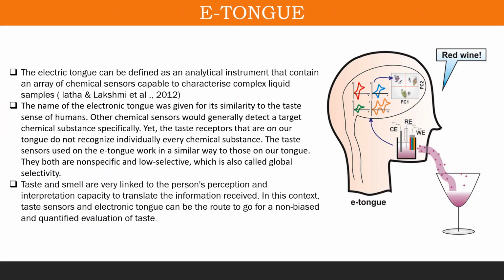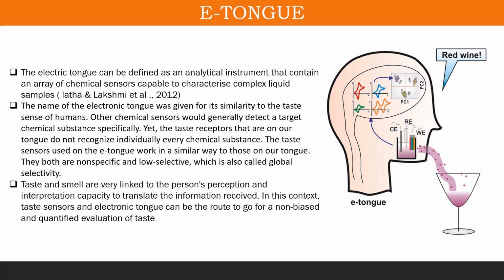So, what is e-tongue? The electronic tongue can be defined as an analytical instrument that contains an array of chemical sensors capable of characterizing complex liquid samples. The name electronic tongue was given for its similarity to the taste sense of humans.